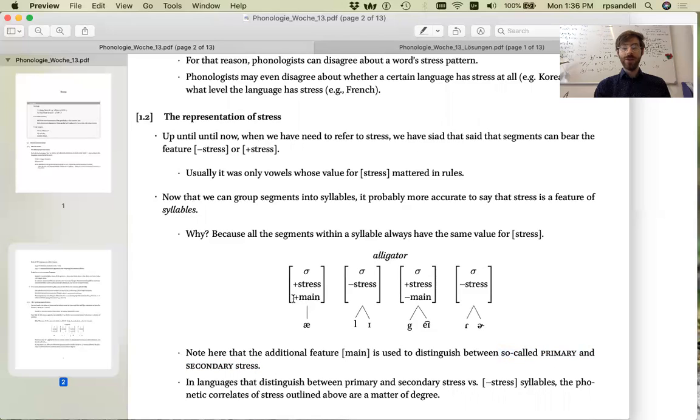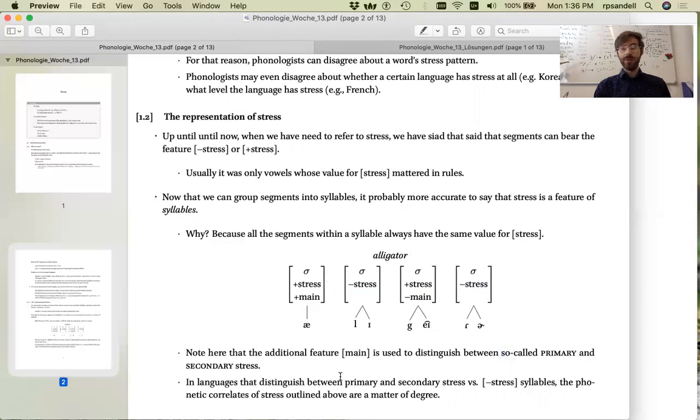And for that, I'm employing the feature main, where plus main marks which syllable has the primary stress. So in this word alligator, the primary stress falls on the leftmost syllable of the word, but there is a weaker degree of stress, secondary stress, falling on the third syllable.